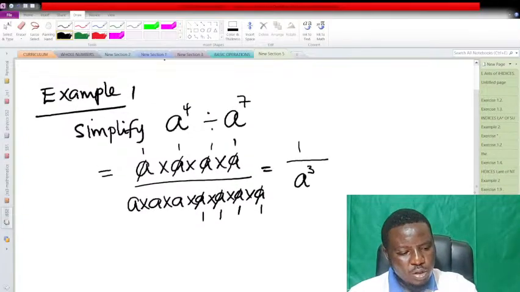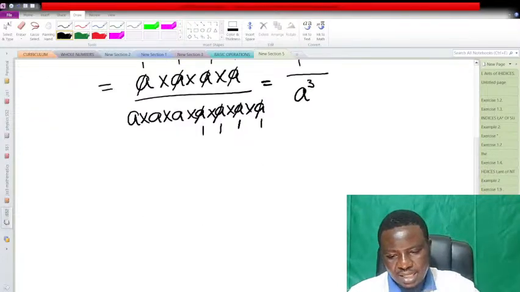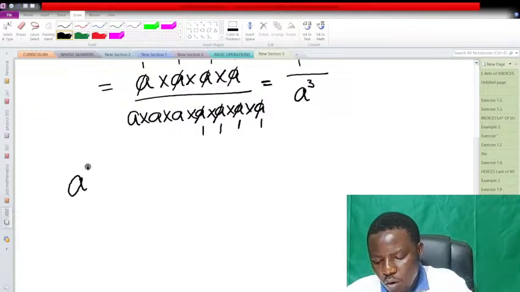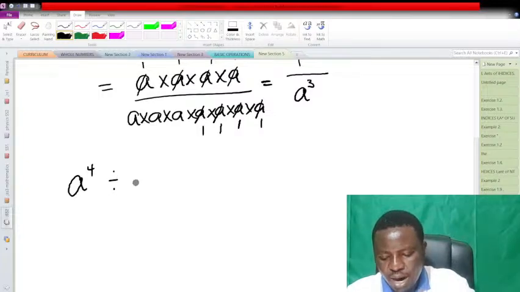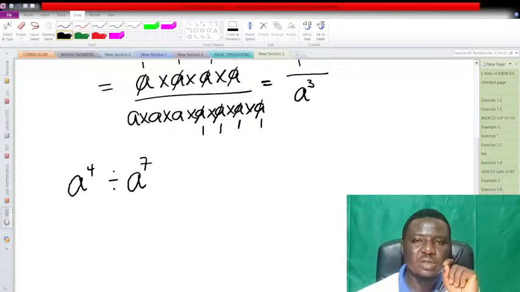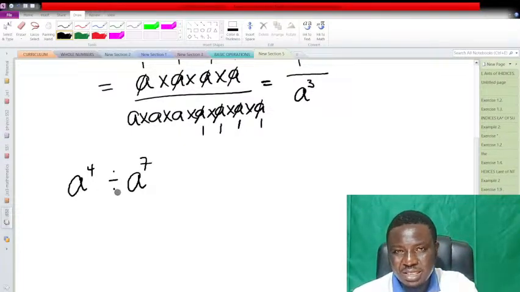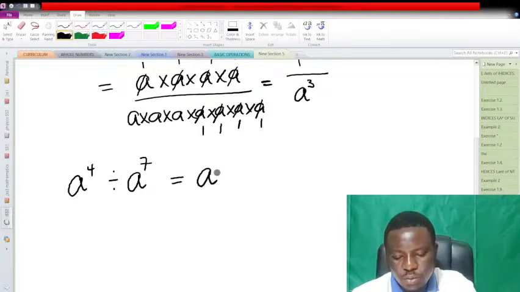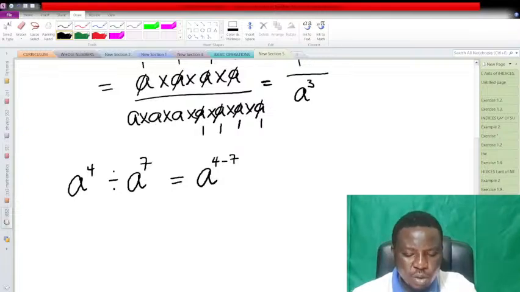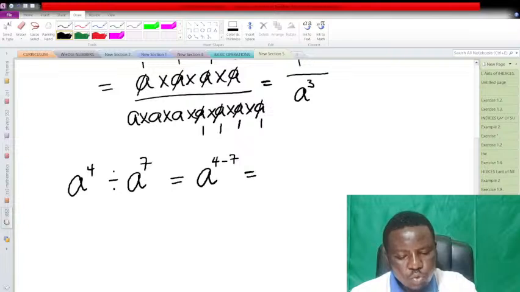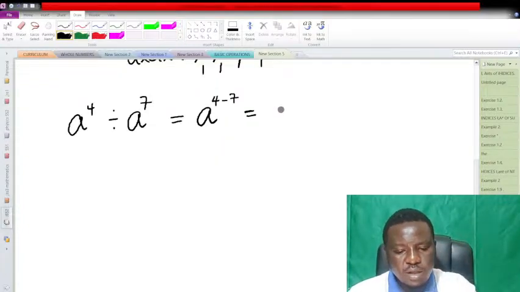Also, the law of indices says that a raised to the power of 4 divided by a raised to the power of 7, going by the subtraction law of indices, we have it that when it is division, we subtract the powers, and this can be said to be a raised to the power of 4 minus 7, right? Good. And 4 minus 7 gives us what? Minus 3.